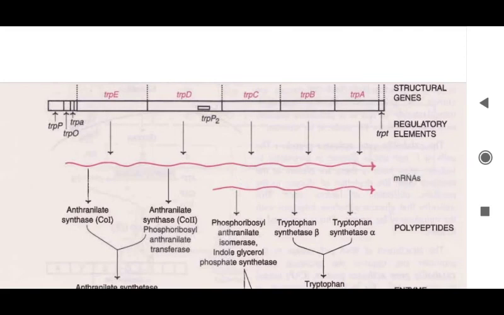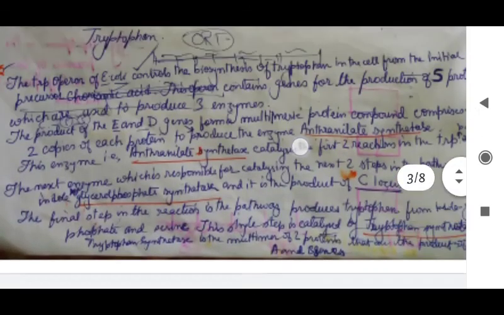From the left, you see TRPP, then TRPO, the attenuator TRPA, and then the 5 structural genes TRPE, TRPD, TRPC, TRPB, and TRPA. Within TRPD, there is also another regulatory sequence called TRPP2. We will discuss them one by one, what enzymes they encode and what their main function is.